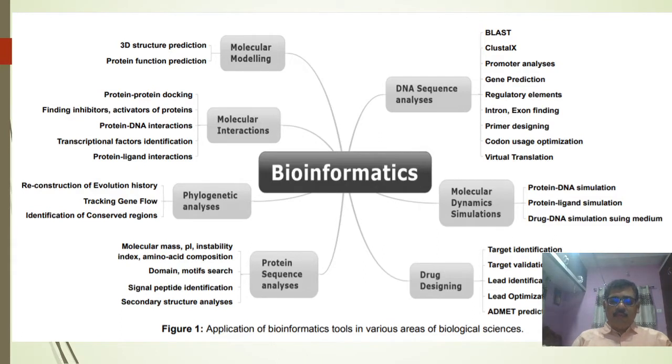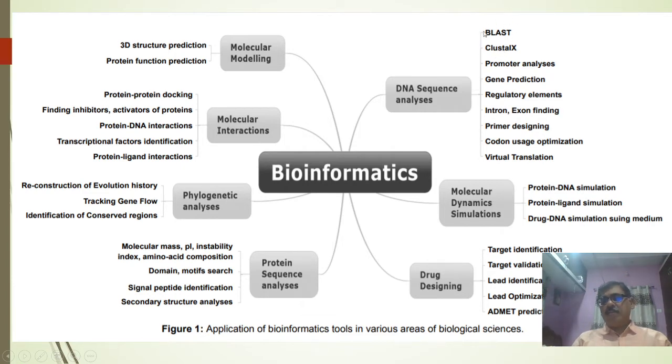These are the various areas in the biological sciences or life sciences where we are using bioinformatics tools. First is DNA sequence analysis. BLAST is the search engine for DNA sequence analysis.